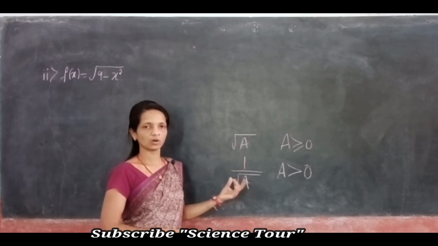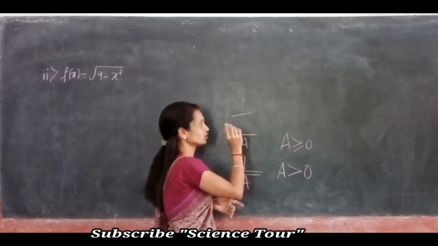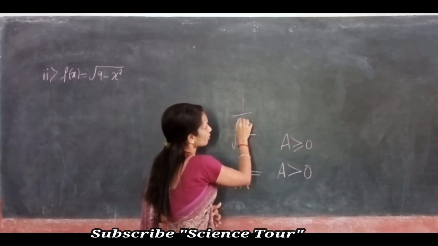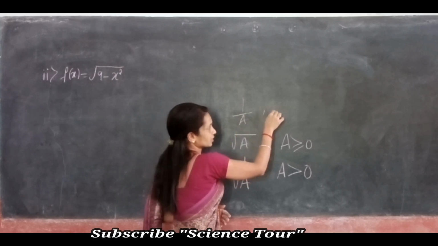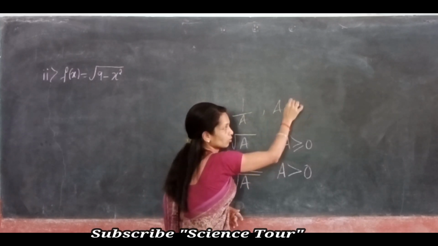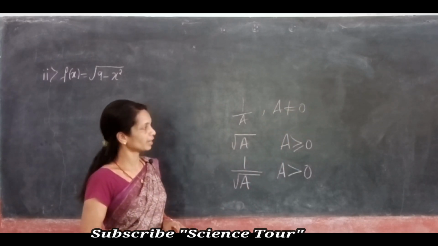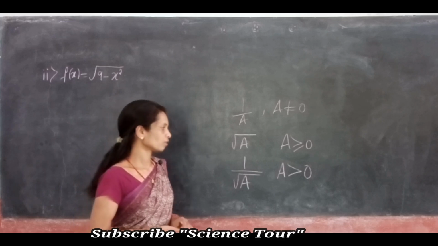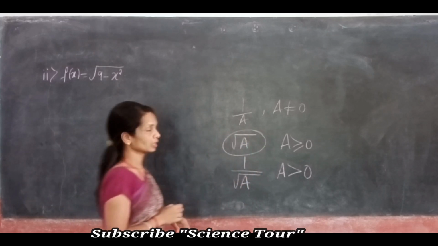These two things you have to keep in mind. And one more thing: if in the denominator you have any expression a, then that a should not be equal to 0. That also you have to keep in mind while finding the domain and range of functions. Now you have square root of a in the numerator place.